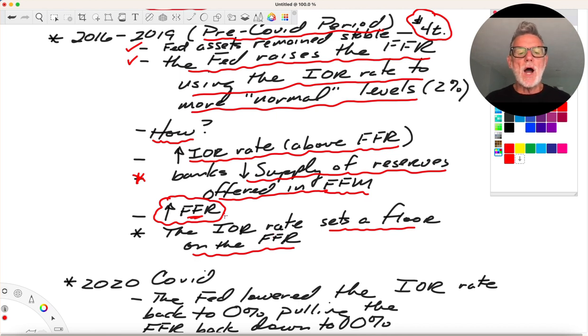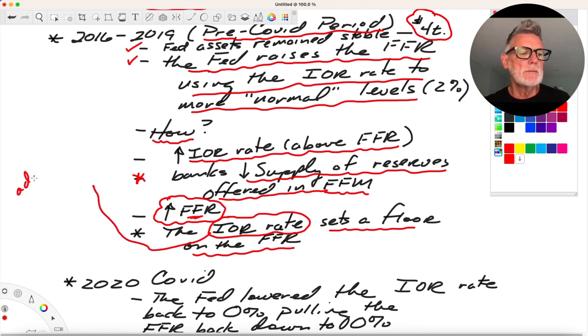So this IOR rate becomes a key monetary policy tool, because now the Fed can very directly influence interest rates by moving it up and down. This essentially becomes what we call an administrative rate.